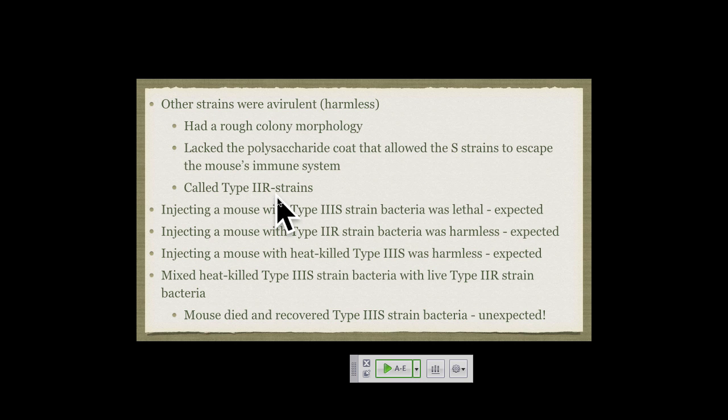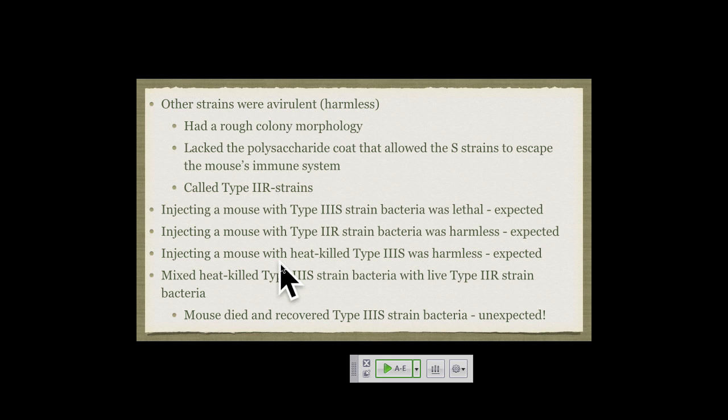Okay? So, if you inject the mouse with type 3S, what's going to happen? They're going to die. That was lethal. That was expected. You inject them with the type 2R, harmless. Now, if you take those virulent cells, the 3S, and you kill them by heating them, so if they're dead, you inject them into the mouse, and the mouse is fine.